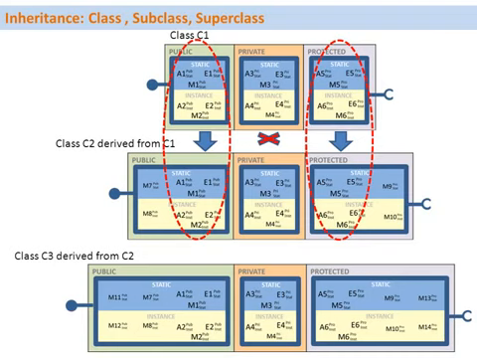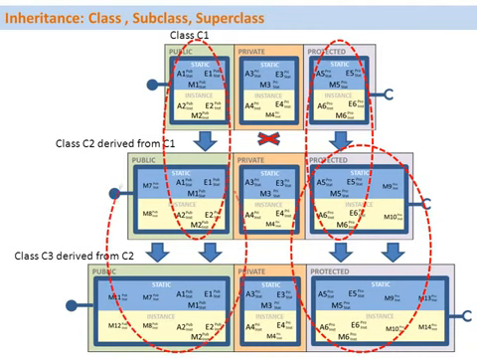Similarly, we can have another class C3 which is derived from C2. And again, the same thing happens. So we see that the public and protected section is fully inherited to class C3 from class C2. And apart from the inherited section, class C3 can again have its own additional components.